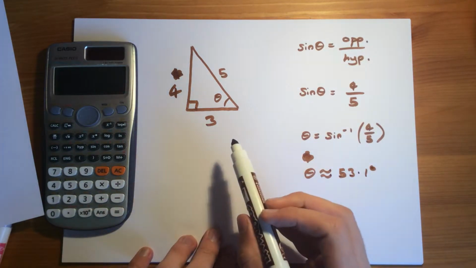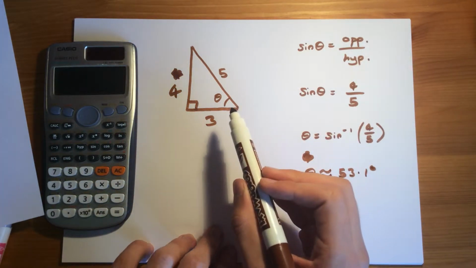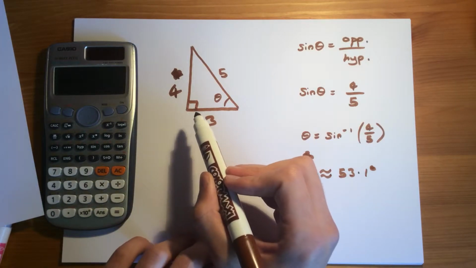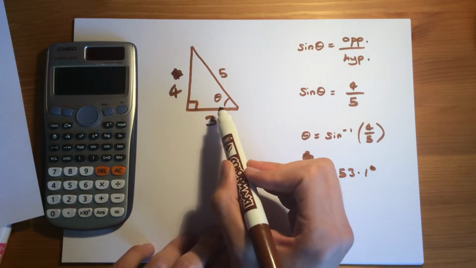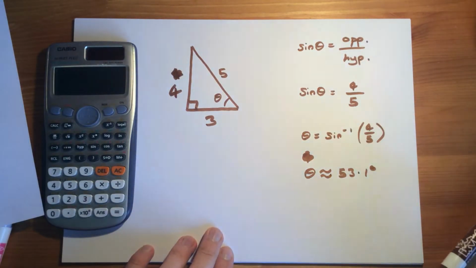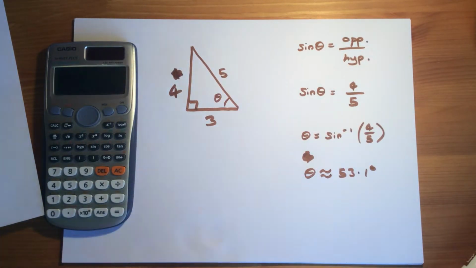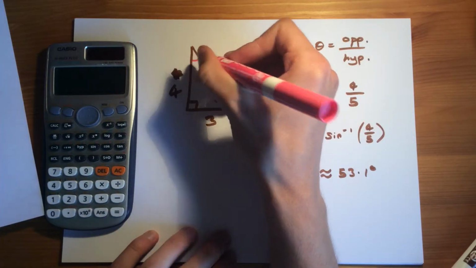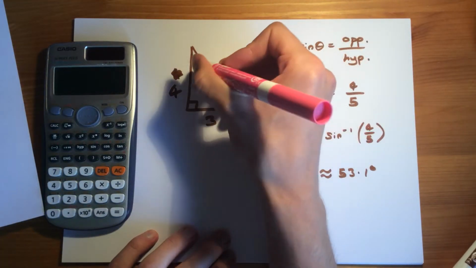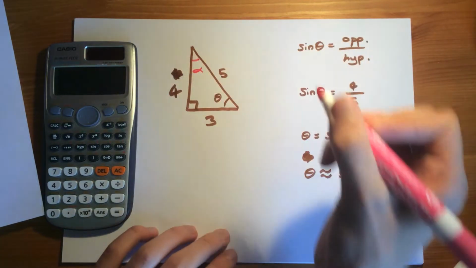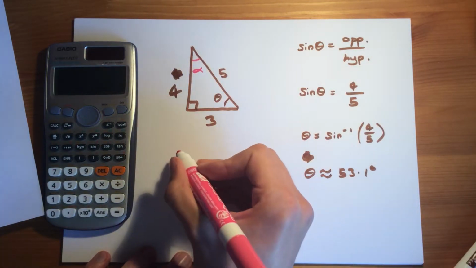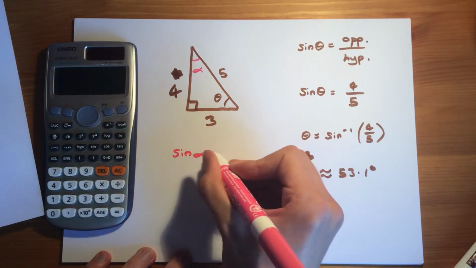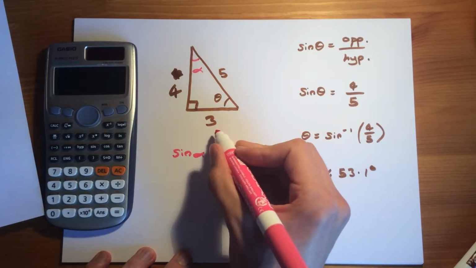You can say, given any sides, well, you need two sides of the triangle, and you need to know it's a right angle triangle, and then you can say what these angles are. And similarly, we could have done this other angle. So let's say this one. We'll call this angle alpha. It's another Greek letter, and we can say that sine of alpha is equal to, again, the opposite over the hypotenuse.